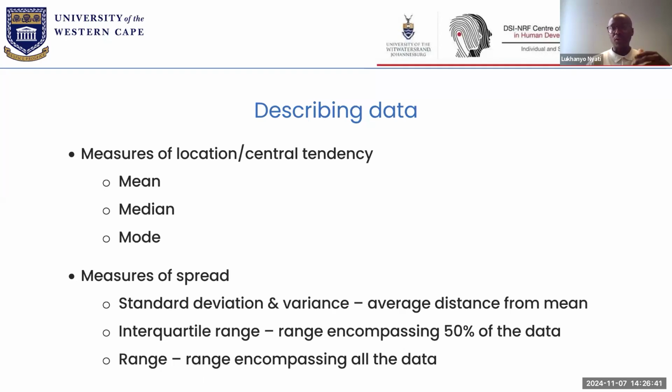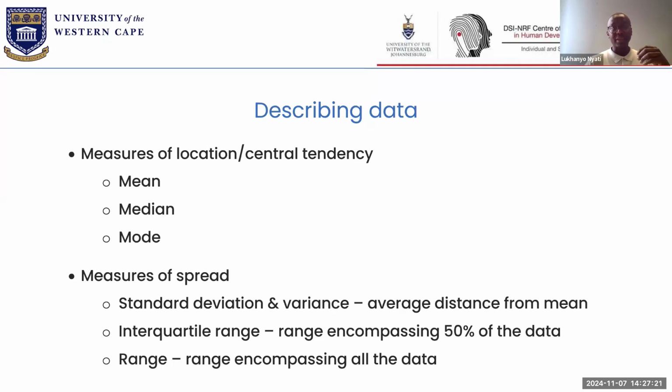But we don't only describe data in relation to the measure of central tendency, but also in relation to the spread, because it is possible that two samples can have a similar mean but have different spreads, and that may influence your results. So we're not only interested in the estimate, which is the mean or the median or the mode, but we're also interested in finding out how the data are distributed around that particular estimate.